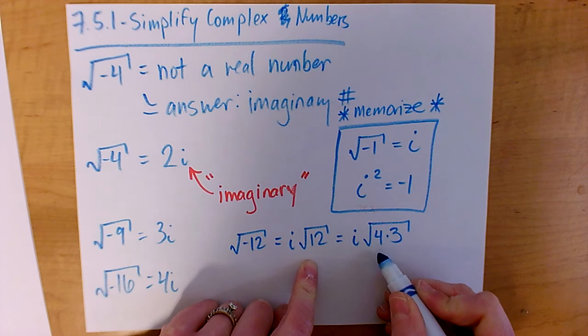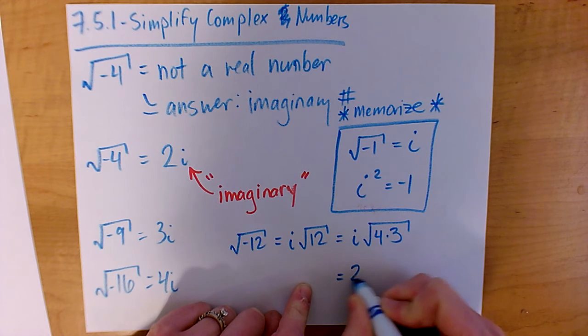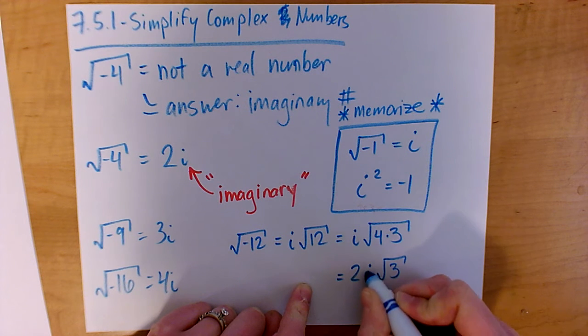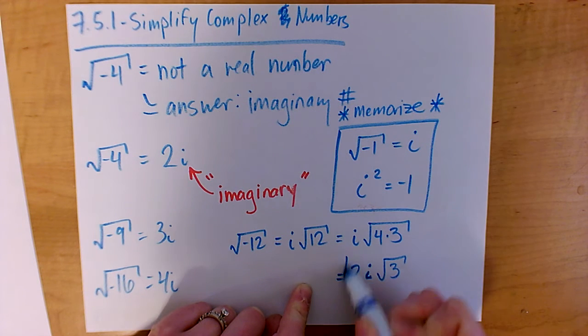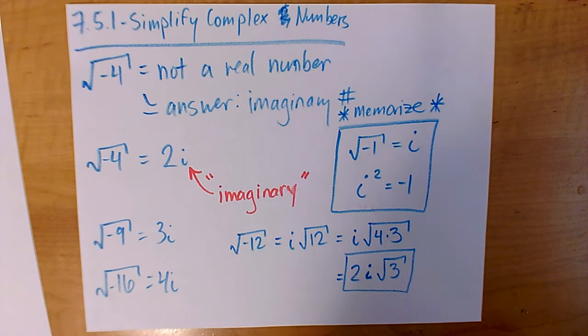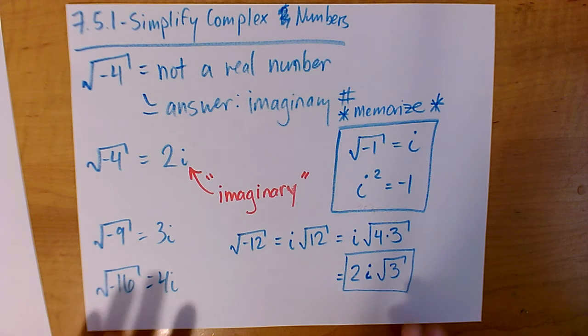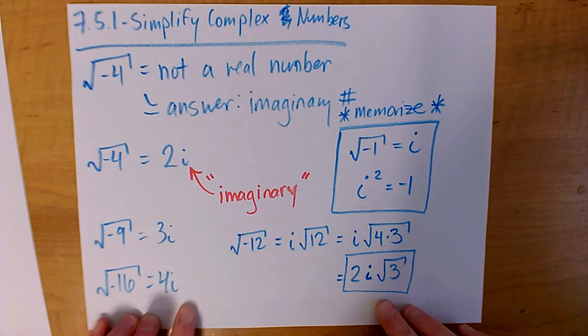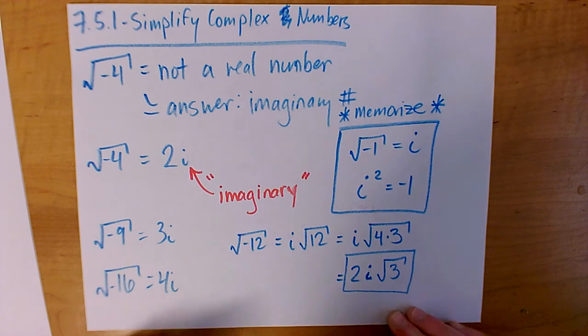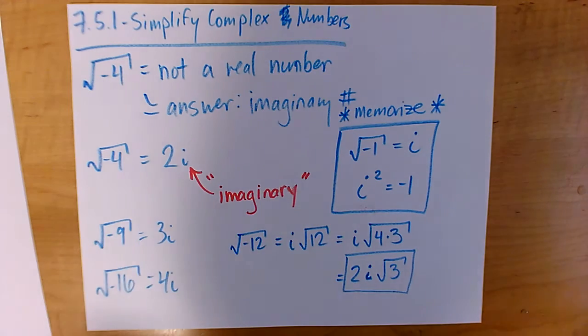And then the square root of 4 is 2, so you can pull that out, and you leave the 3 on the inside. Okay? So then your answer there is 2i root 3.